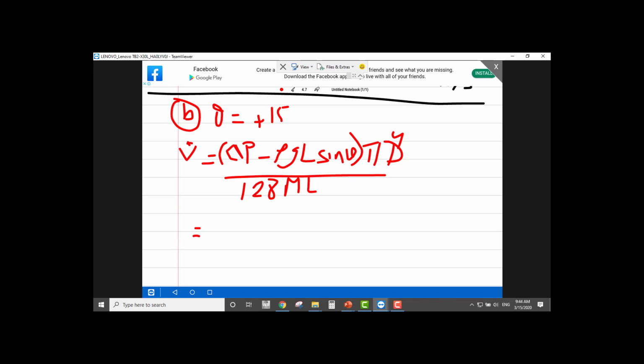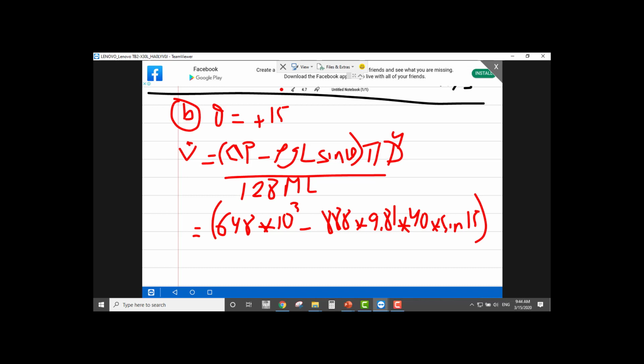So delta P we already calculated, but here keep in mind that this is 648 multiplied by 10 to the power 3, in kilopascal, minus rho, given in the statement of the question, which is 888, multiplied by 9.81, multiplied by L, which is 40, multiplied by sine 15.